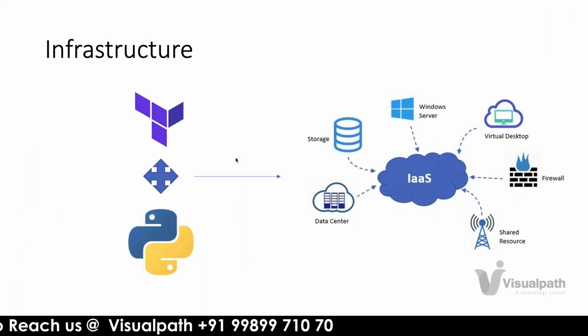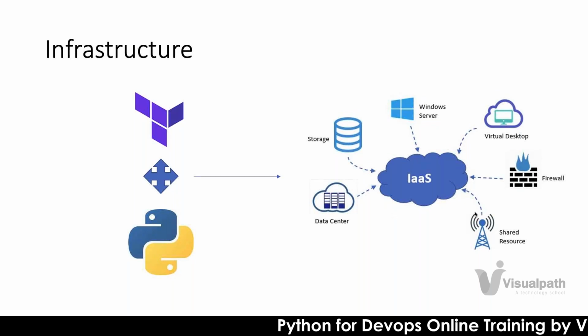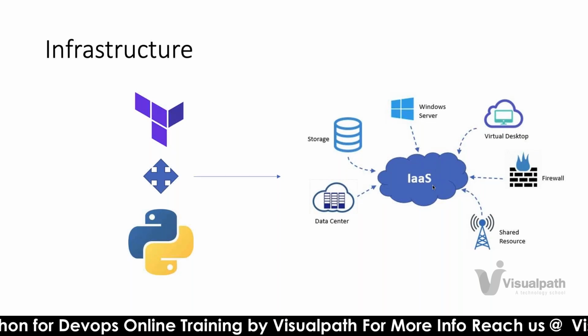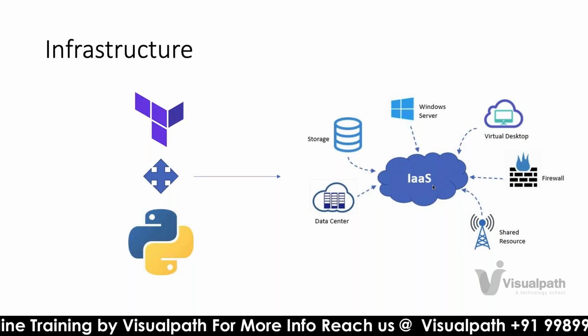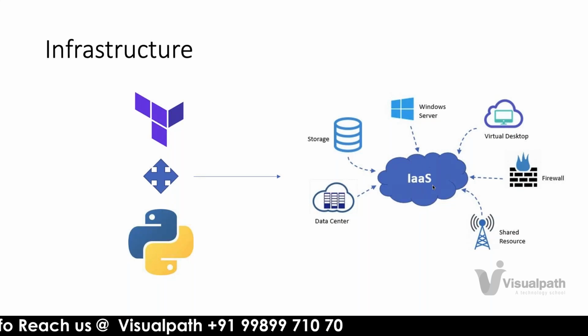Okay, so whatever infrastructure you need, this infrastructure is again code. When I say cloud, that infrastructure, in short we call it IaaS. This IaaS is entirely in a coding manner, a declarative code.